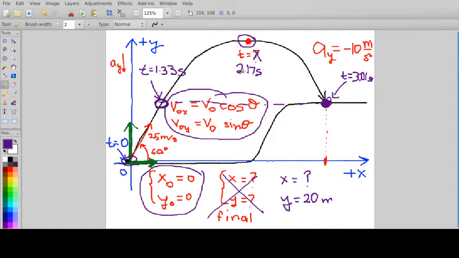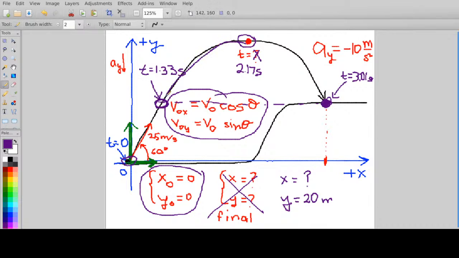The interesting thing is that the 2.17 seconds, remember the parabola is totally symmetrical? It's right in the middle. The 2.17 seconds is right in the middle of the 1.33 seconds and the 3.01 seconds, okay? So it's kind of like the maximum height is in the middle.